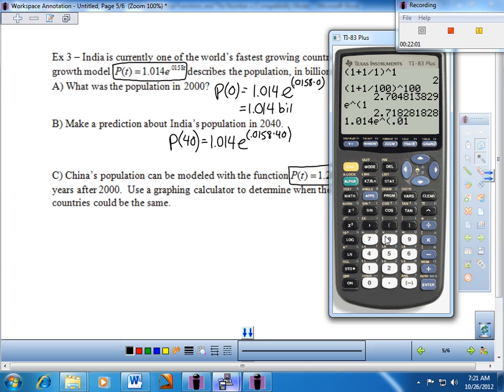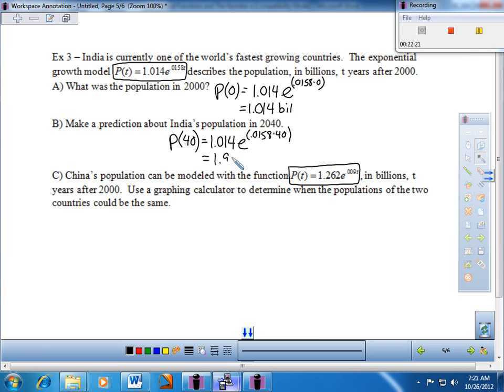So 0.0158 times 40. It knows the context for it, and so it sets you up very nicely there. And then let's see, it looks like about 1.908 billion based on what I see up there. So let's go ahead and put that in. I'll write exactly that piece, 1.908 billion in the year 2040 if the growth rate continues as it was projected in 2000.